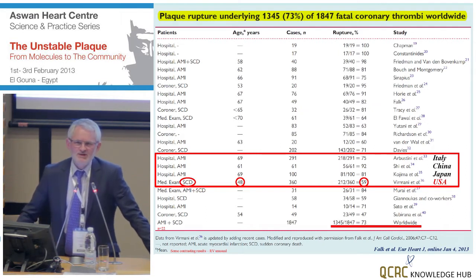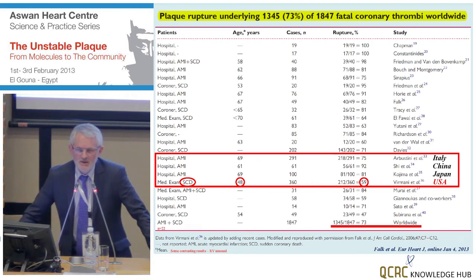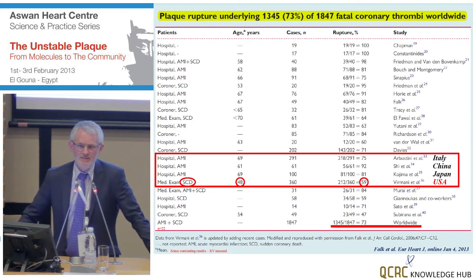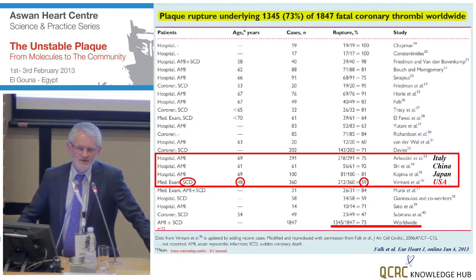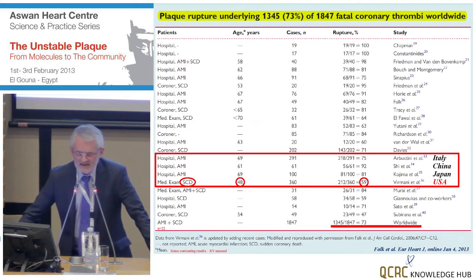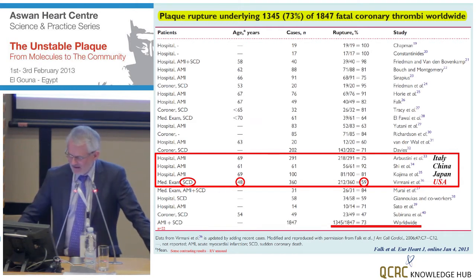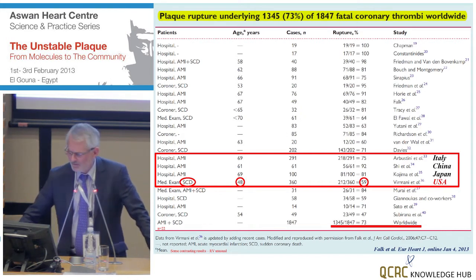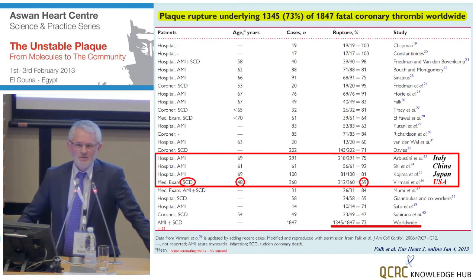There is some heterogeneity in these studies, depending on the case mix. But I think some of the heterogeneity can be explained by the difference in study population. For example, let's see the Amani study from the United States. In fact, plaque rupture was only responsible for 49% of coronary thrombi in this huge case series from the United States.